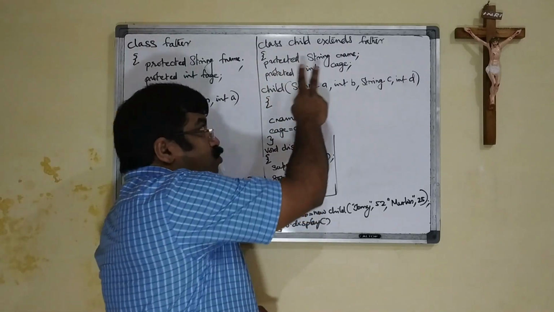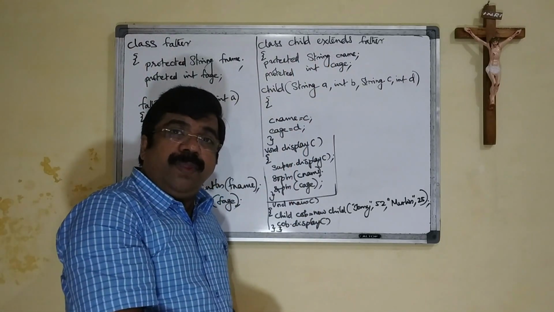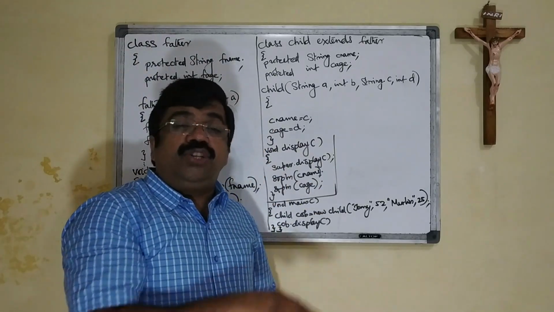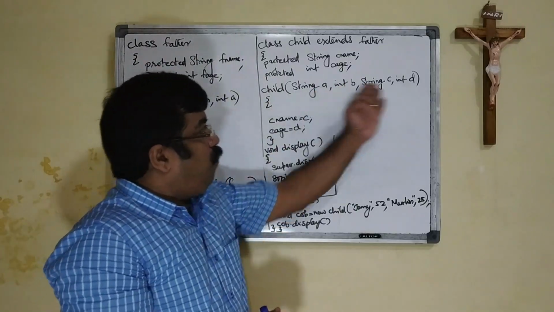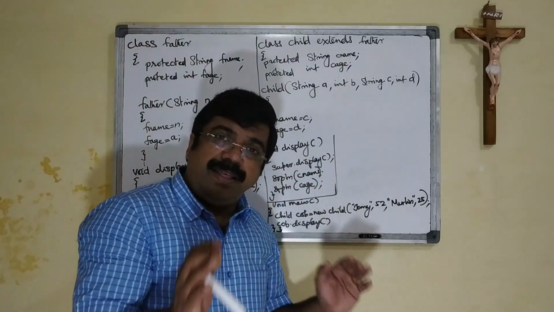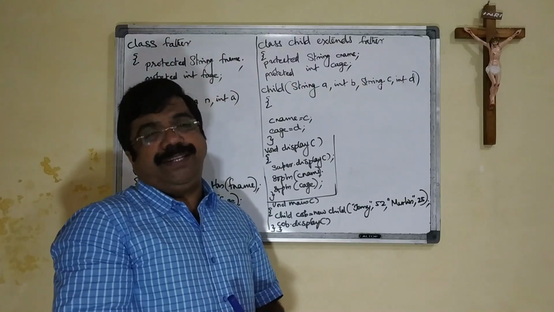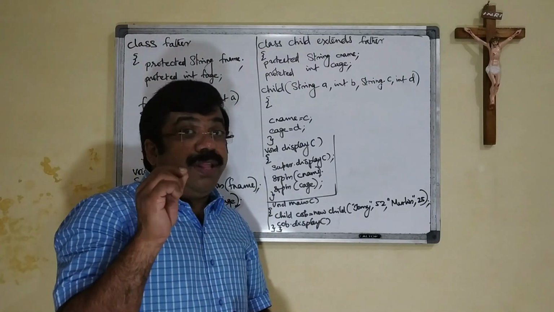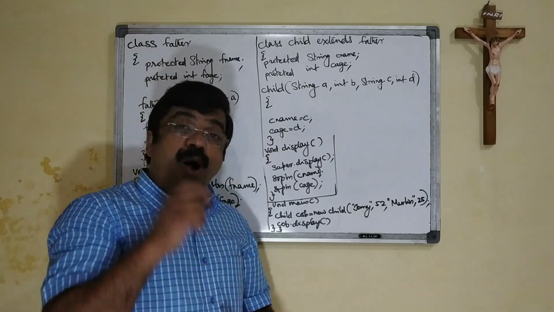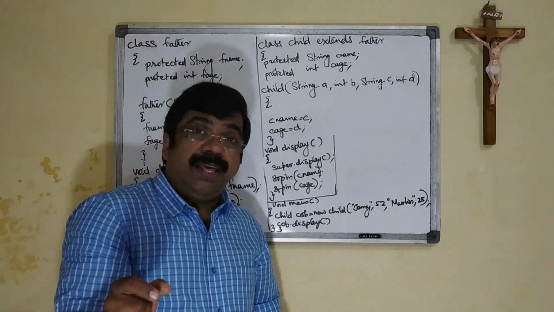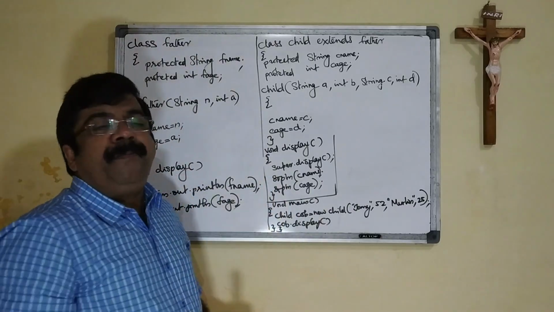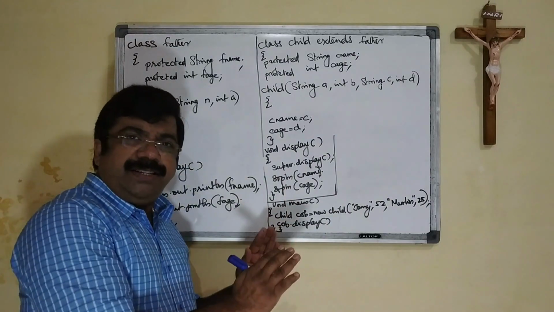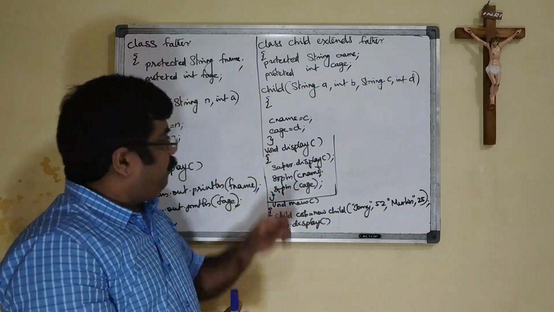We have 2 data members in the base class and 2 in the derived class, so totally 4 variables are received as arguments. Now the next question is, how do we specify what values will go to the base class? Let it be. We will come back to that point.